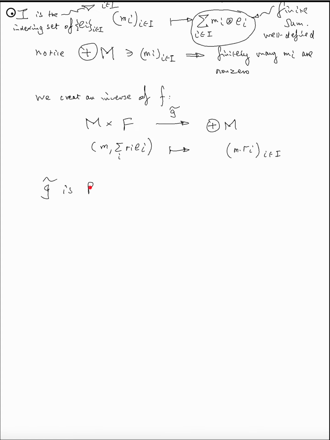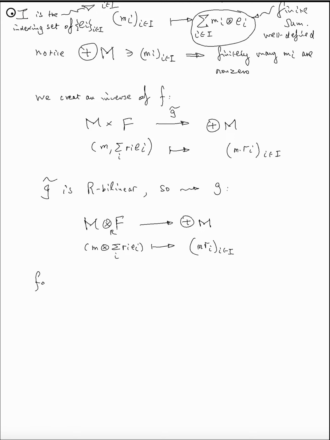So G tilde is bilinear, so it induces a map G from the tensor product to this direct sum of M. And then let's check F compose G equals identity, and G compose F equals identity.